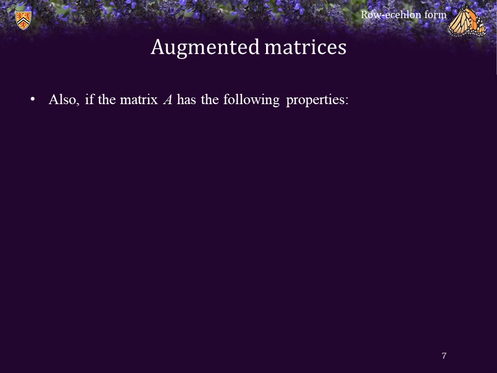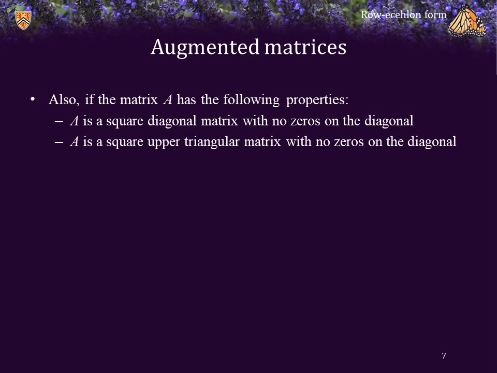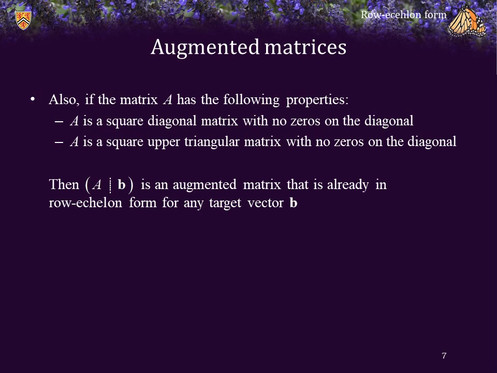Also, if A has either of the following two properties, A is a square diagonal matrix with no zeros on the diagonal, or A is a square upper triangular matrix, again with no zeros on the diagonal, then the augmented matrix must already be in row echelon form for any target vector B.